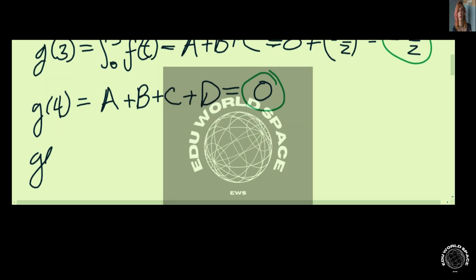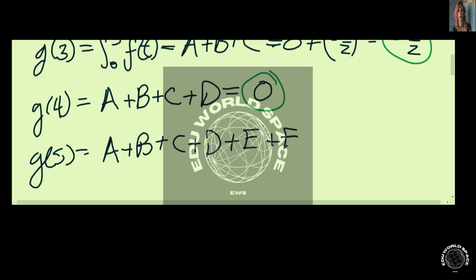g of 5, this is the areas A, B, C, and D, plus now the area of E and the area of F. Now, we see that E is a rectangle, and so its area is simply the base times the height, and so this is simply the area of E, which is 1, plus the area of F, which is 1/2, which is 3/2.